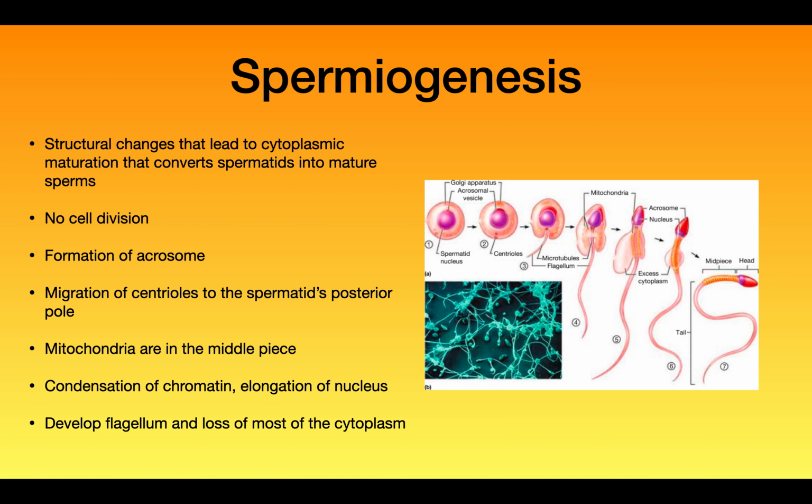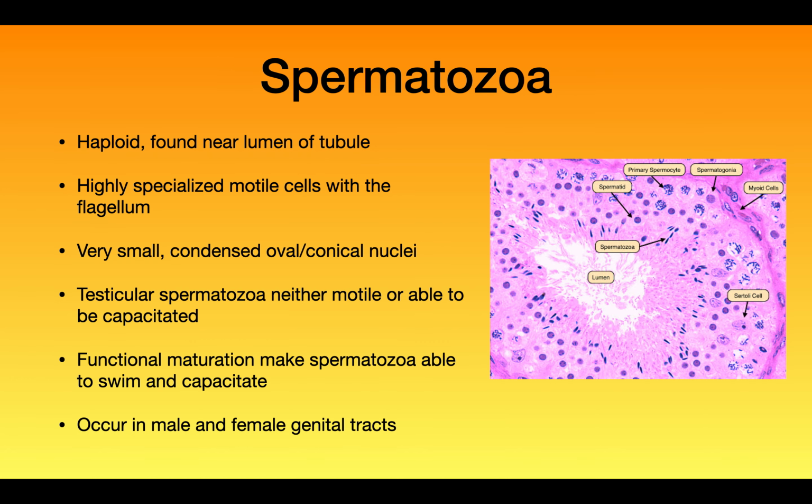This is just structural changes, and that includes the formation of the acrosomes, and the mitochondria move down towards the flagellum, and there's continuous condensation of the chromatin into the head, and then a lot of the cytoplasm is shed and then reabsorbed in part of the epididymis. So that's the excess fluid that it reabsorbs.